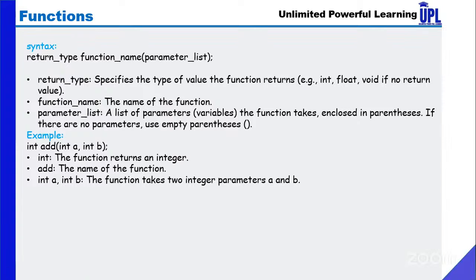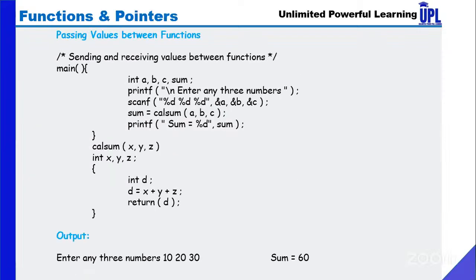Return type can be int, float, all these things you can do. Syntax is return type, function name, and parameter list, for example, int add int a comma int b. The return type is an integer. It can be float. It can be void. Void means it doesn't return values, because we have seen that example as well. We are very clear on this.